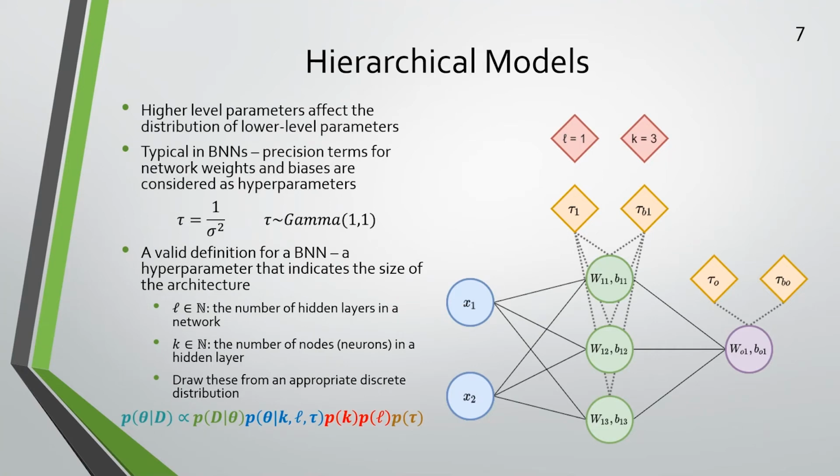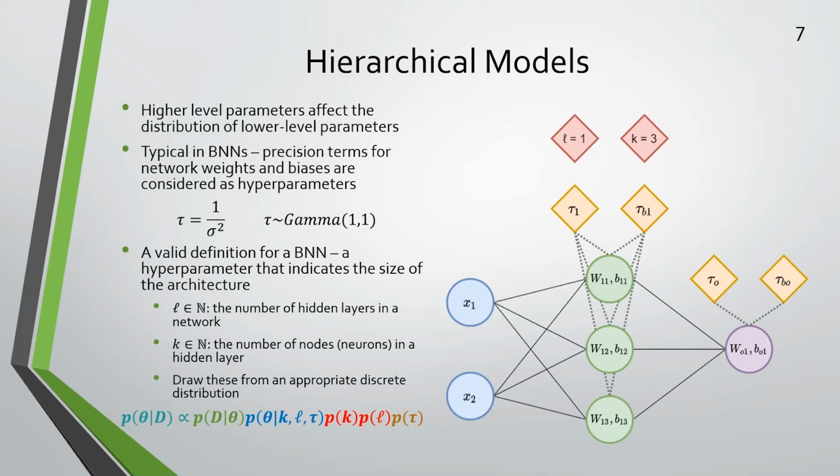And essentially, once we establish that we're proceeding with a neural network model with these weights and bias parameters and the architecture parameters L and K, which are going to control how many hidden neurons we have in each layer and how many hidden layers we have in our network, now we have what you may refer to as a transdimensional model, where as we think of sampling from this distribution of Bayesian neural network models, we're going to end up with samples that correspond to neural networks of different size.